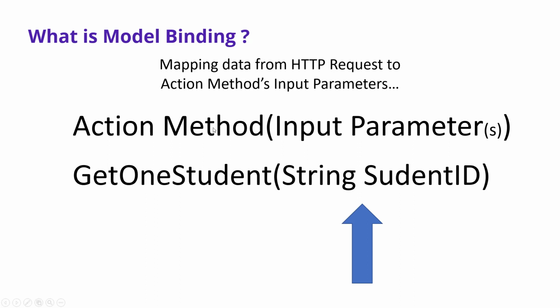When I have an action method with input parameters like this, get one student, a student ID is the parameter. So I would try to map the data from the HTTP request to this action method parameter. This means model binding.